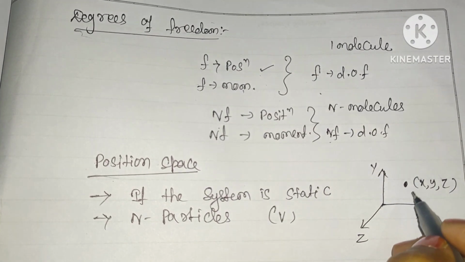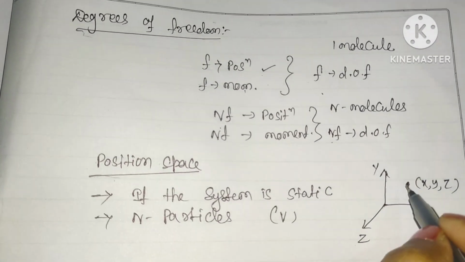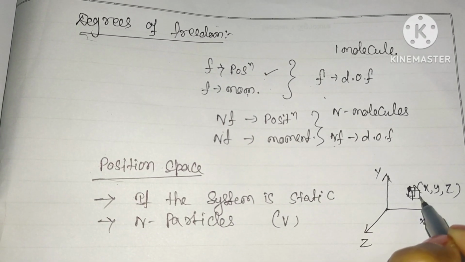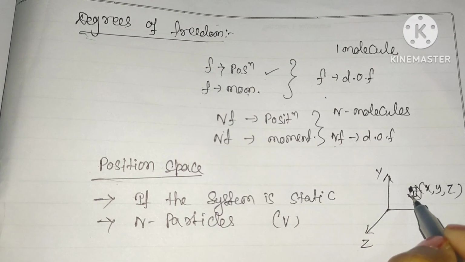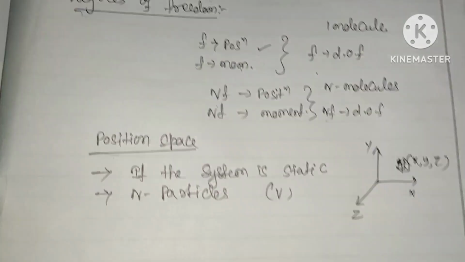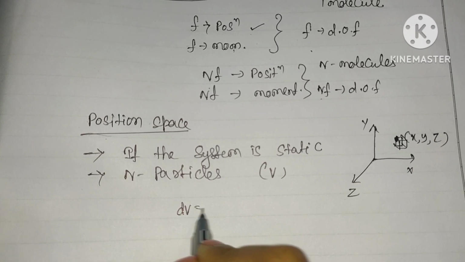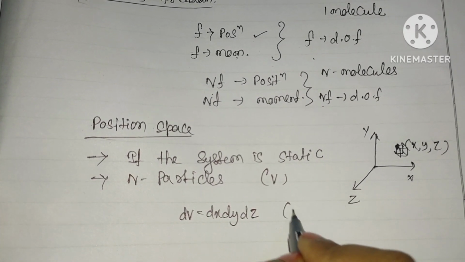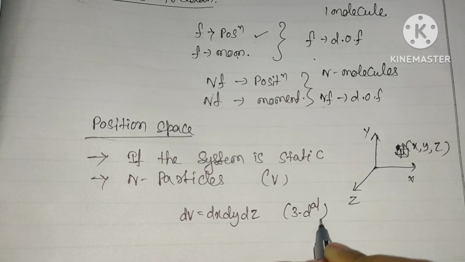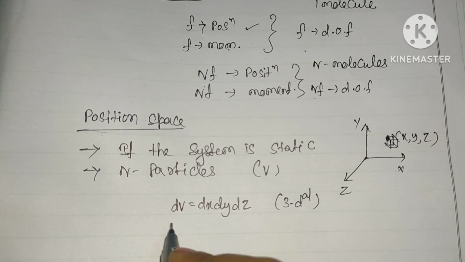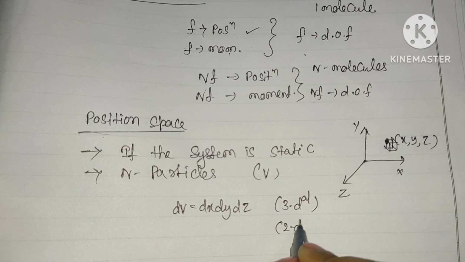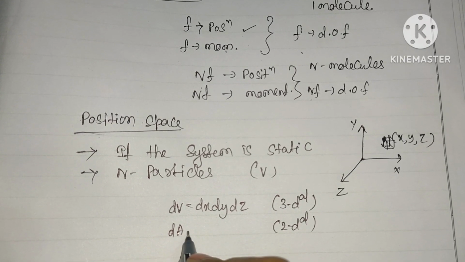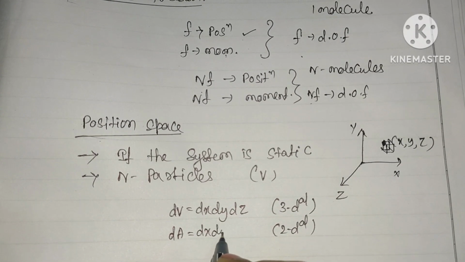Suppose we consider a small volume element in this position space. So dx, dy and dz will represent the volume element, or we can simply say that dV equals dx dy dz, which defines the volume element in a three-dimensional system. If it is a two-dimensional system, we have to define the area element, which is equal to dx dy.